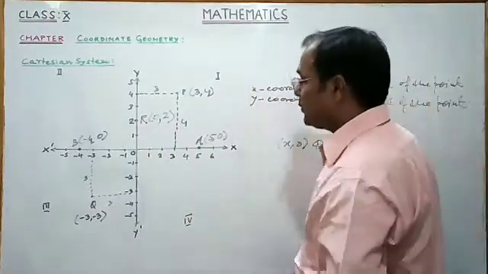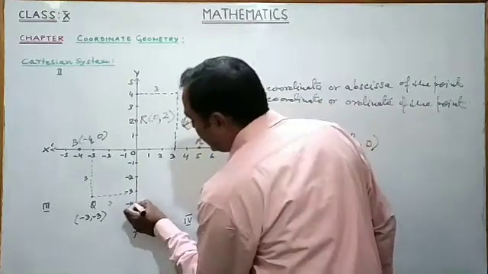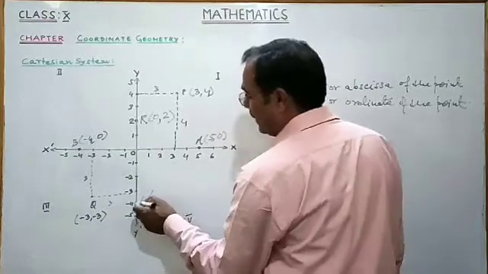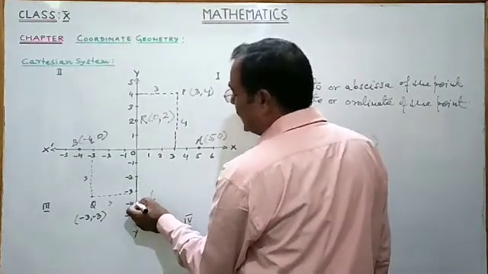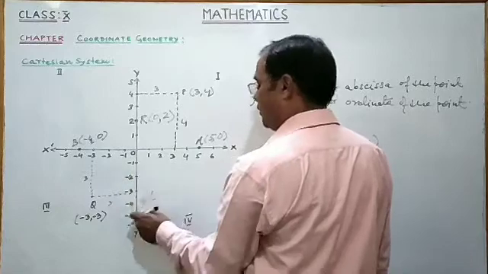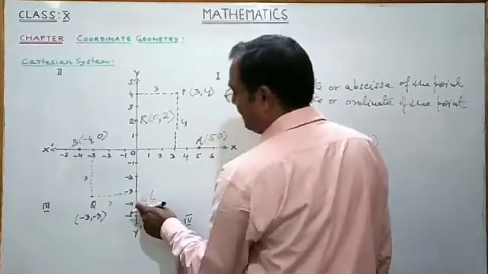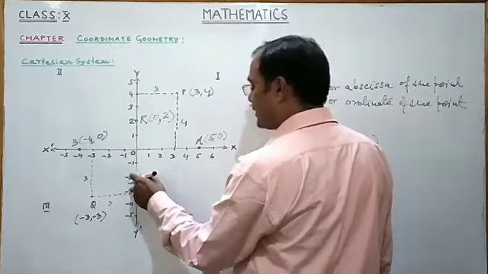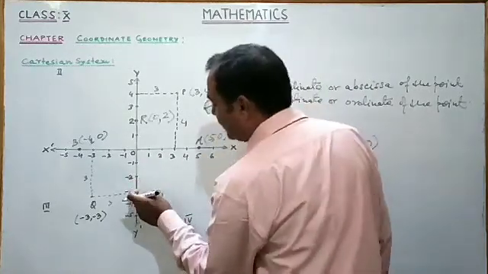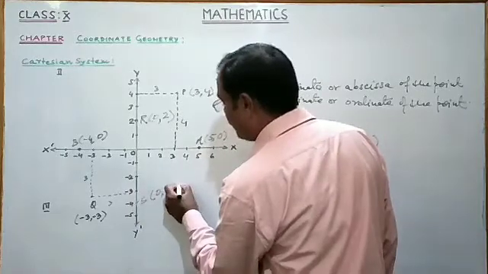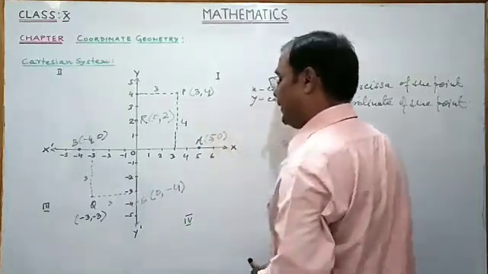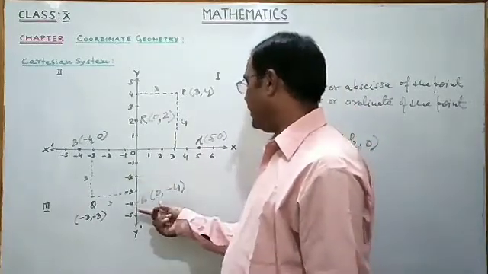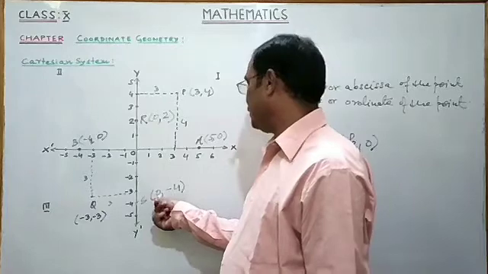If you take another point S here on the y-axis on the negative side, what are the coordinates of this point S? The distance on the x-axis is 0 and on the y-axis the distance is 4 units, but on the negative side, so -4. So this way the coordinates of point S lying on the y-axis on the negative side are (0, -4).